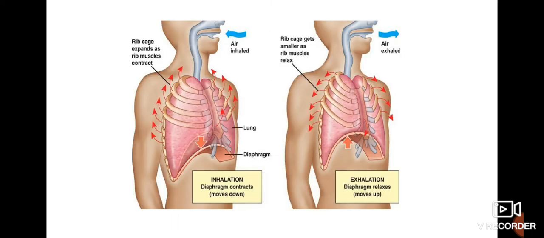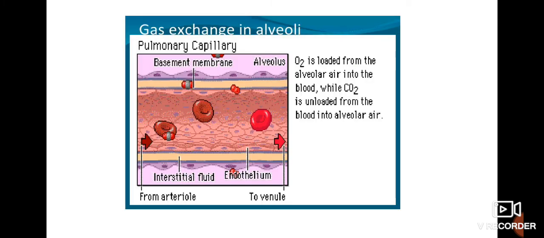As the inhalation and exhalation process occurs, it becomes much easier for us to understand how the movement of gases takes place within our body. Now finally, to understand gaseous exchange in the alveoli, remember that an alveolus is a very small balloon-like structure found within the lungs.